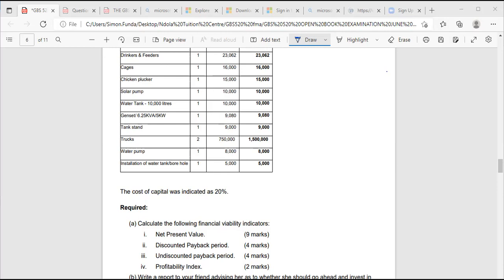Profitability index is the present cash flows divided by initial cost of investment.